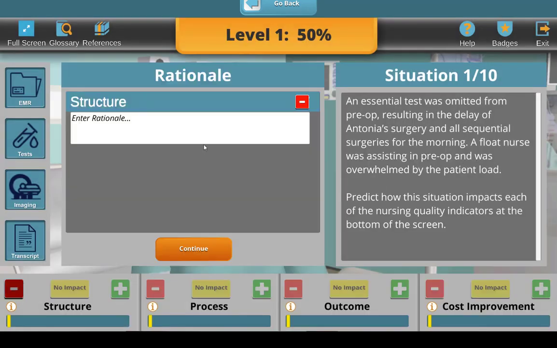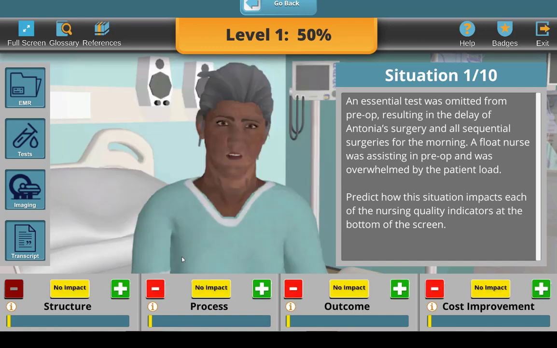Well, I'm going to say Antonia probably feels as though she maybe isn't getting the greatest of care because, you know, the pre-op nurse didn't know what to do. So I'm just going to type in some miscellaneous words here just so we can have something to put on our report so we can see that later.